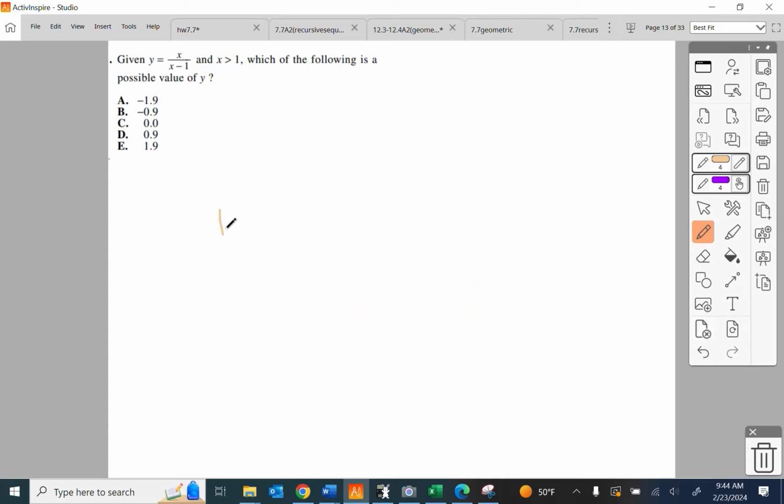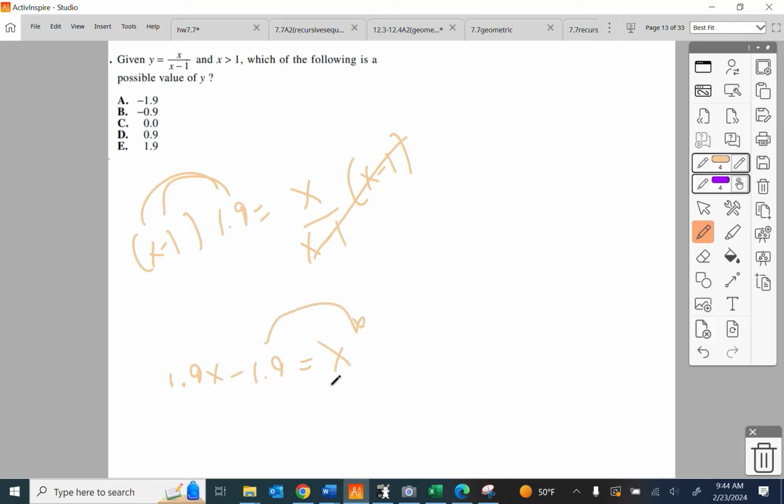This is a y value, 1.9 equal to x over x minus 1. We multiply by x minus 1 on both sides. Cancellation, distributive property. 1.9x minus 1.9 equals x. I'm going to shift that there.